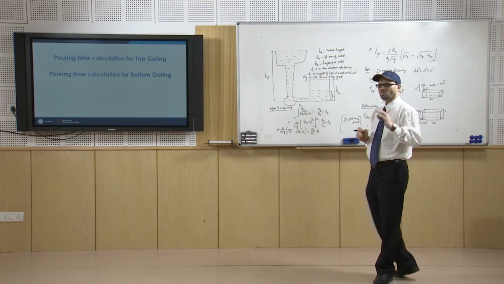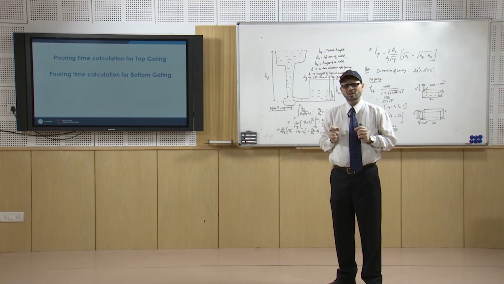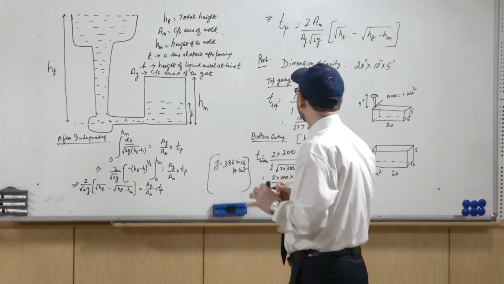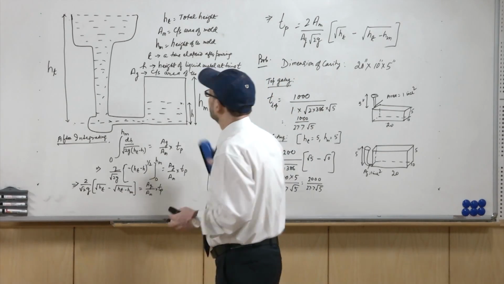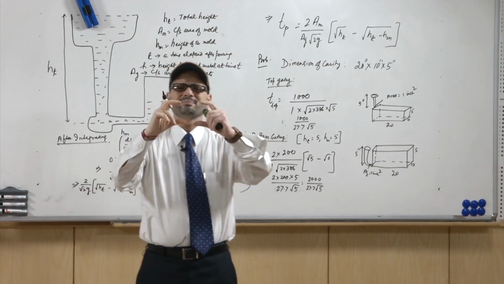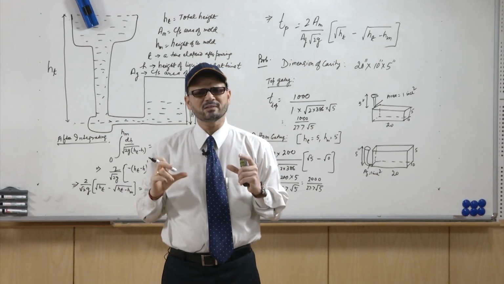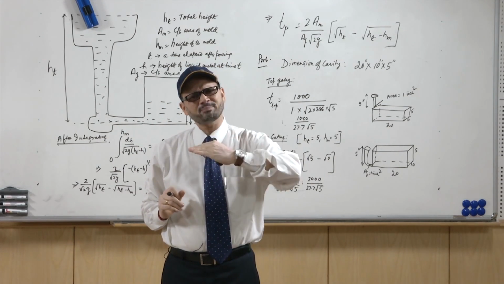Now comes what to do when you have the parting line gates. In the case of parting line gates, we have basically two portions to be filled. Half of the portion will be filled using the top gate principles.